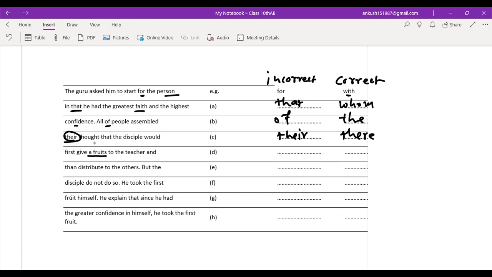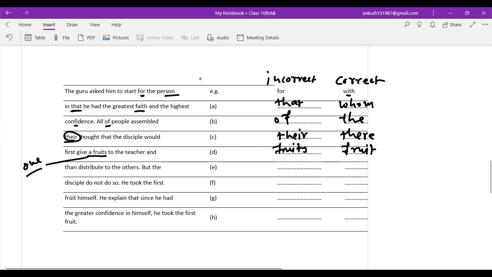No, because a is representing one. So first give that fruits, sorry, must be replaced with fruit. With what? Fruit. Have you got? Yes, sir.